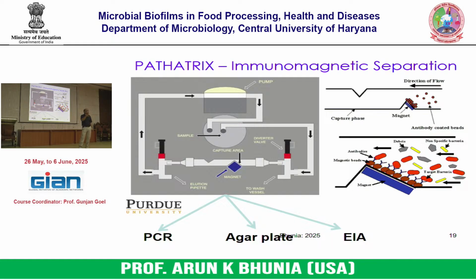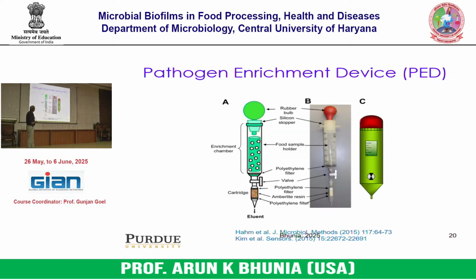So these are some of the therapies used. They use this magnetic particle approach to collect or target organisms. Got it? And this works because they are coated with antibody. That antibody targets your cell, whether it's bacteria or virus or even cancer cells. So that's a very powerful tool.